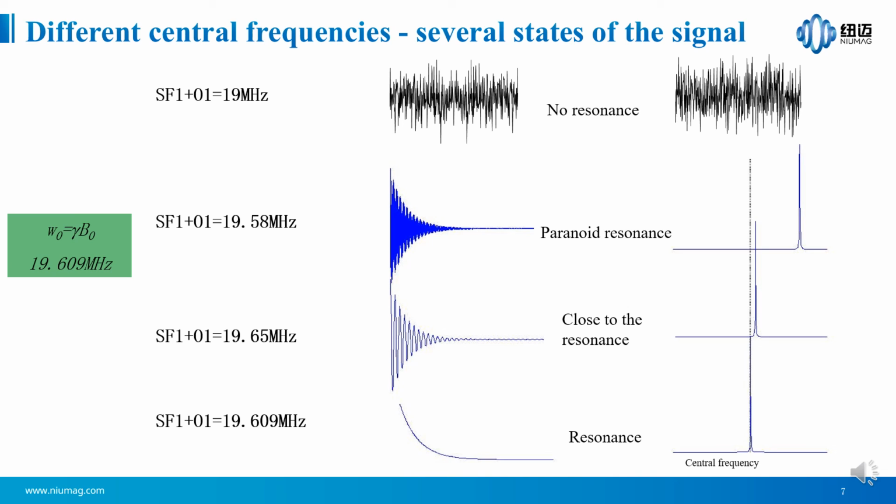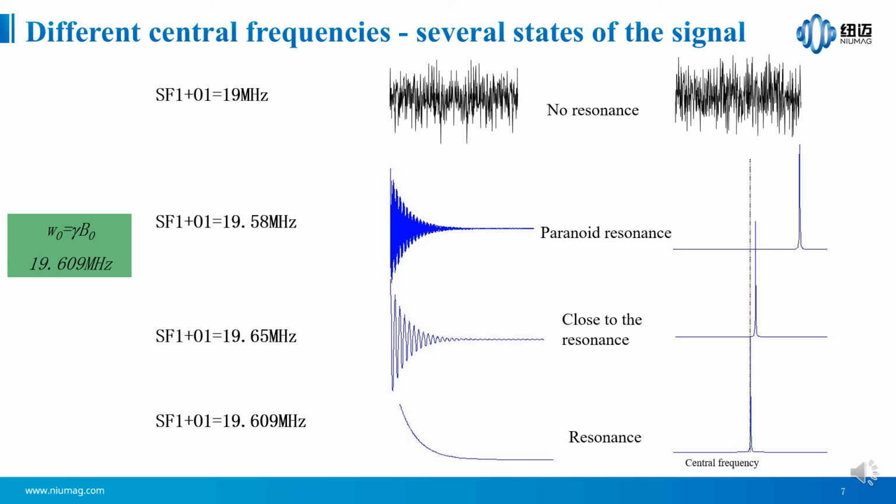By adjusting the center frequency, such as changing it to 19.58 megahertz, it is closer to the resonant frequency, but this is the state of off-resonance.